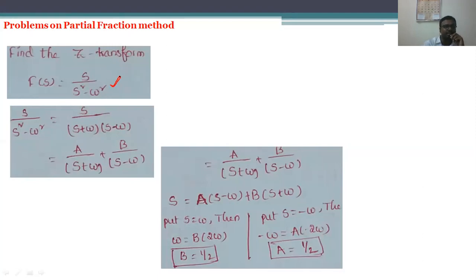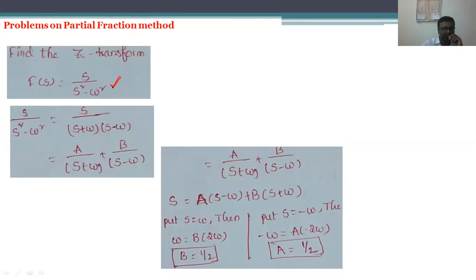But for certain sets of equations, we apply a transformation method, whether it is the partial fraction method or the residue method. The equation available is F of s is equal to s divided by s square minus omega square.